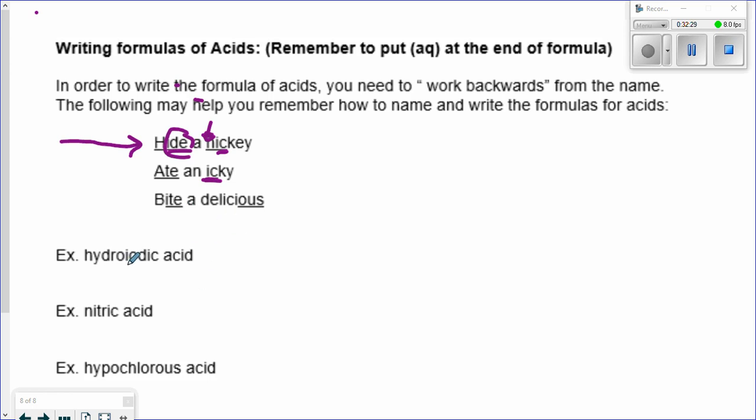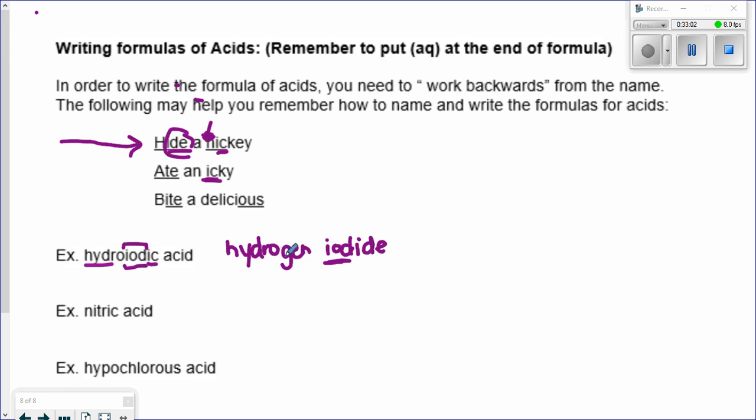Working backwards from these, since it has that hydro at the beginning, that's going to be an IDE ending. I see this iod, so we know it's going to be hydrogen iodide, again that part coming from right here.